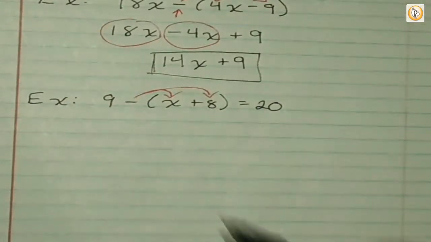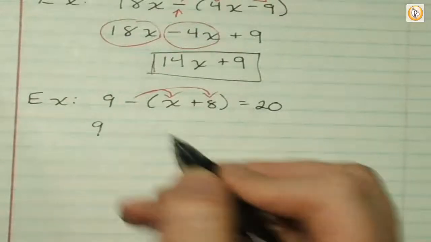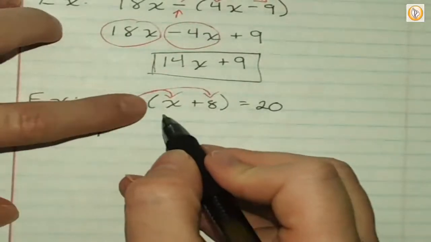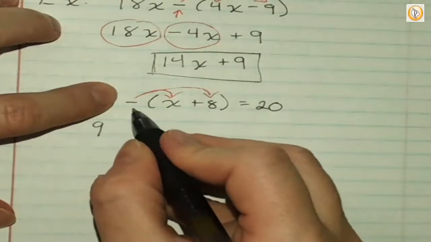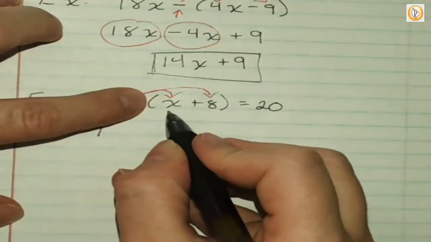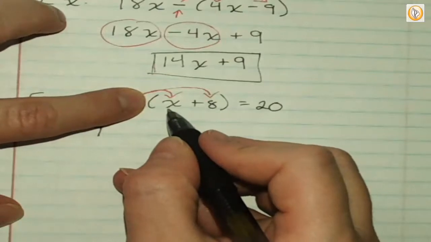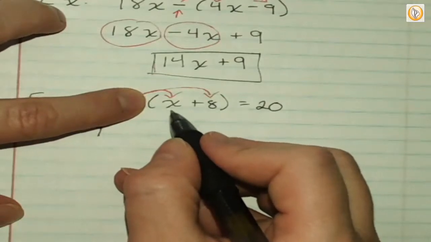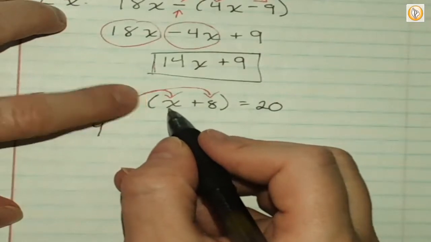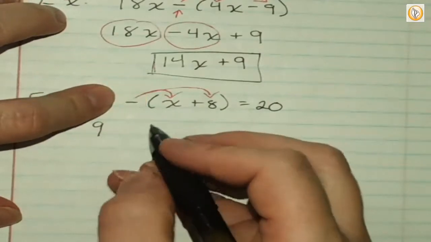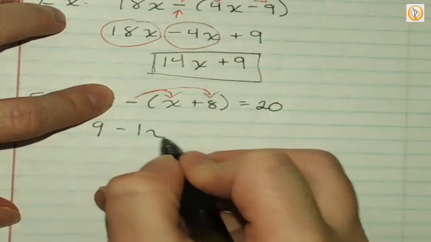So this would be 9. What would the next one be? 1x. Okay, you can say 1x, but is that positive or negative? Right here. Positive. So then what does it become? Negative 1x. Okay, you can do that.